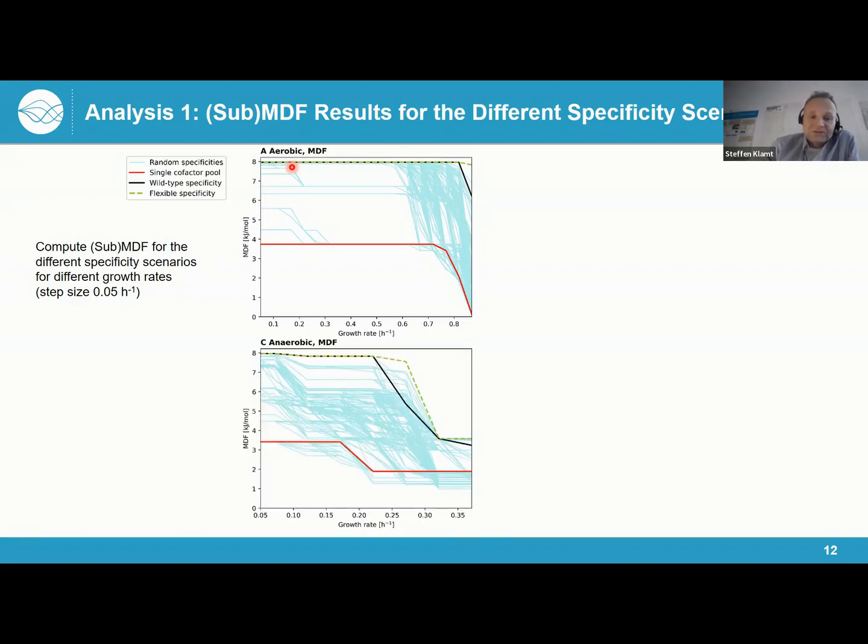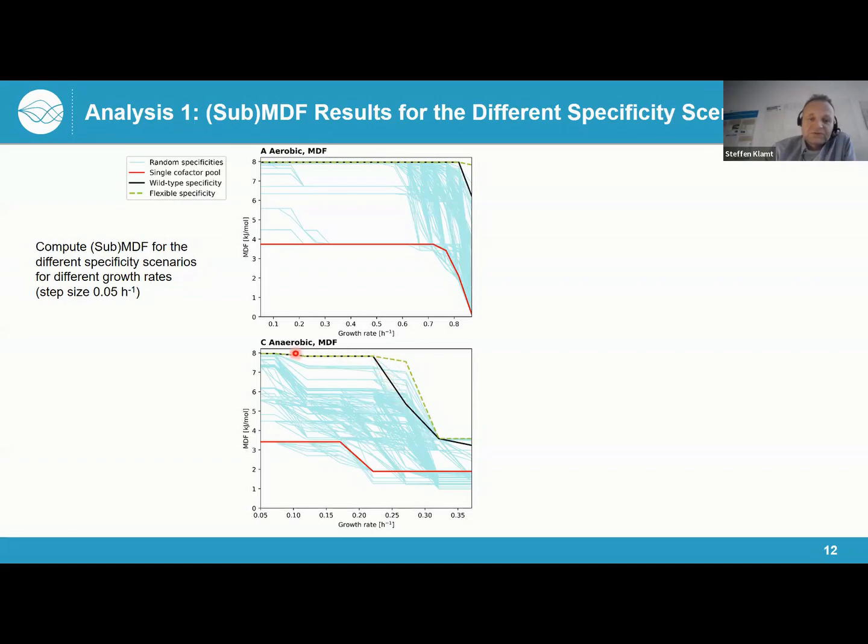So then we did the same for the anaerobic growth conditions, and we got a similar result. Again, in green, you see the flexible specificity, and the Y-type specificity is close to it or even identical. So here is one case where we have a slightly larger difference between these MDFs of the two specificity scenarios.